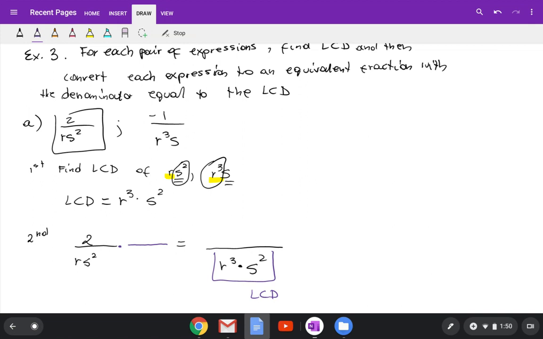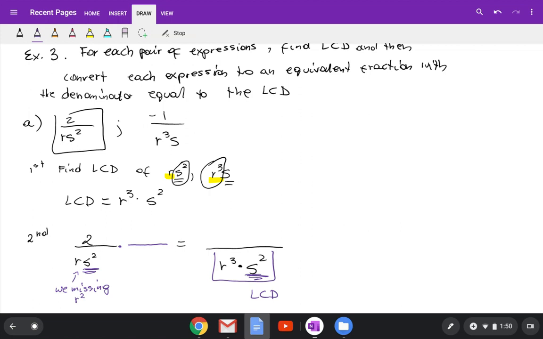So look what happened, okay? Let's check our denominator. We already have S squared, so we're good here, okay? Now, my new denominator has R to the third power. Our original denominator has only R. So here, we're missing R to a second power.